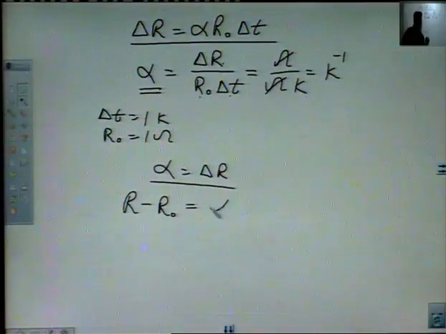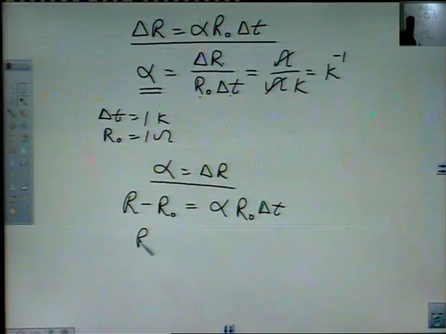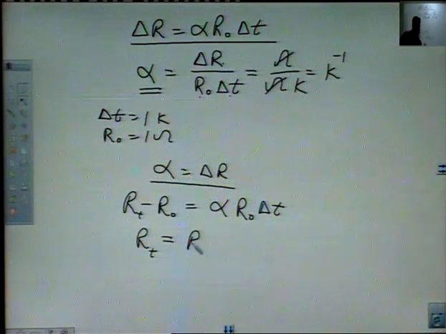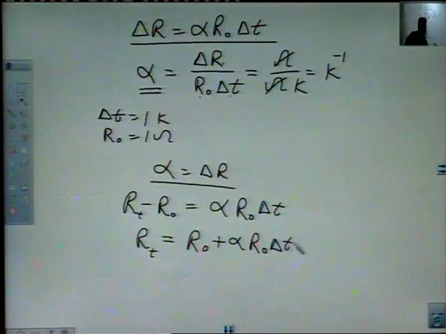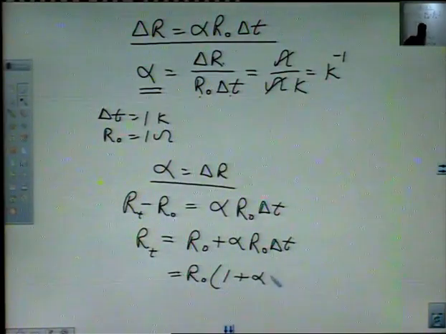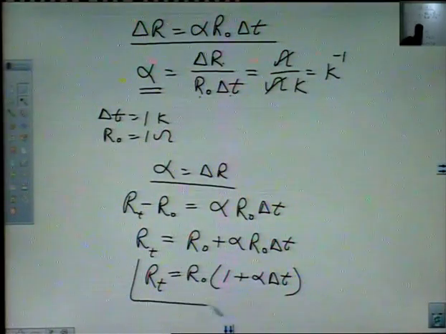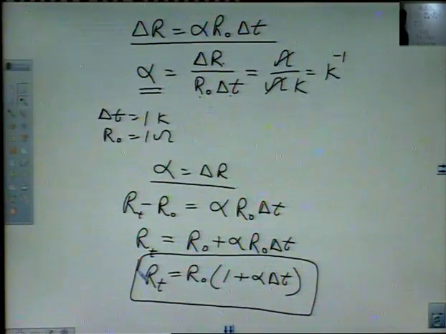This is equal to alpha R naught delta T, or the new resistance, sorry, it is R T. The new resistance R T at temperature T can be written as R naught plus alpha R naught delta T. Taking R naught as common, you can write it as R naught times 1 plus alpha delta T. So, this formula gives you the new resistance of the material when there is a change in the temperature of the material.